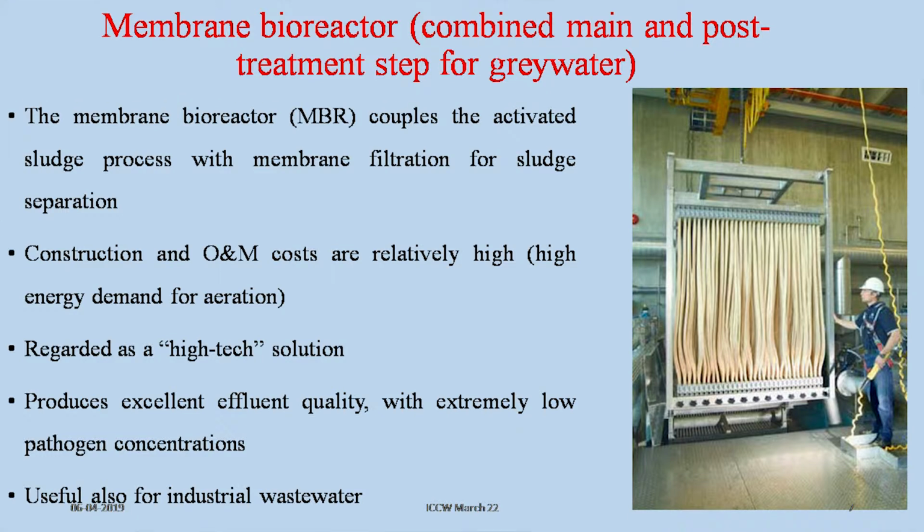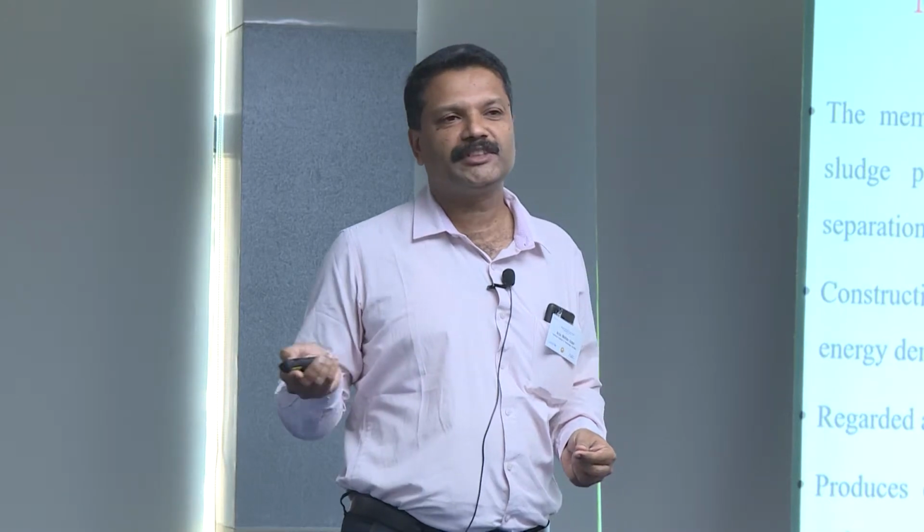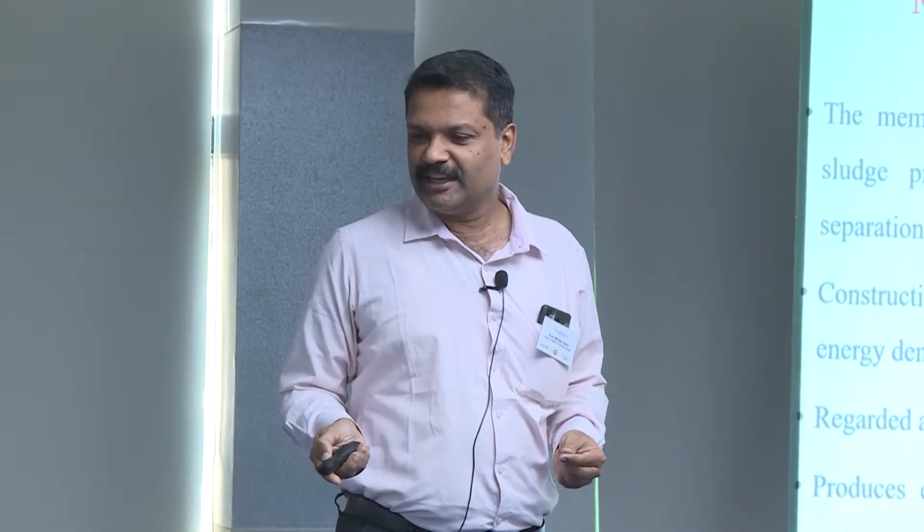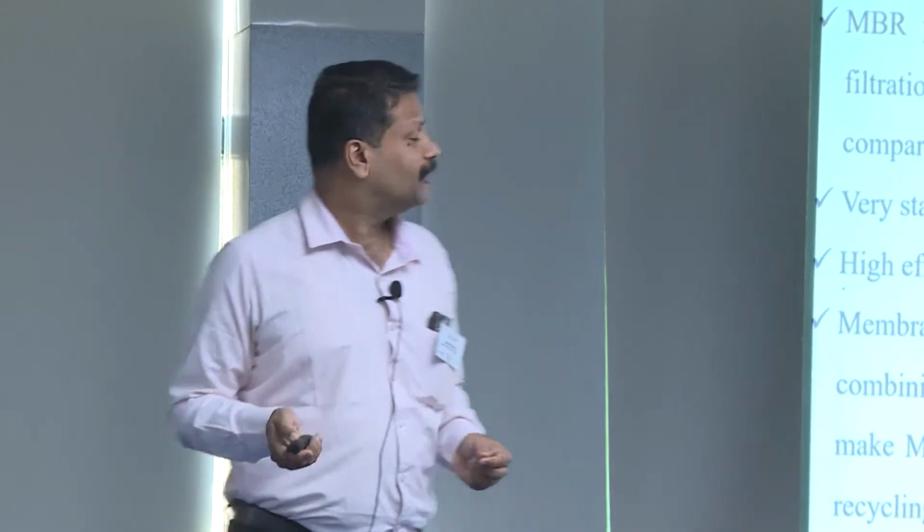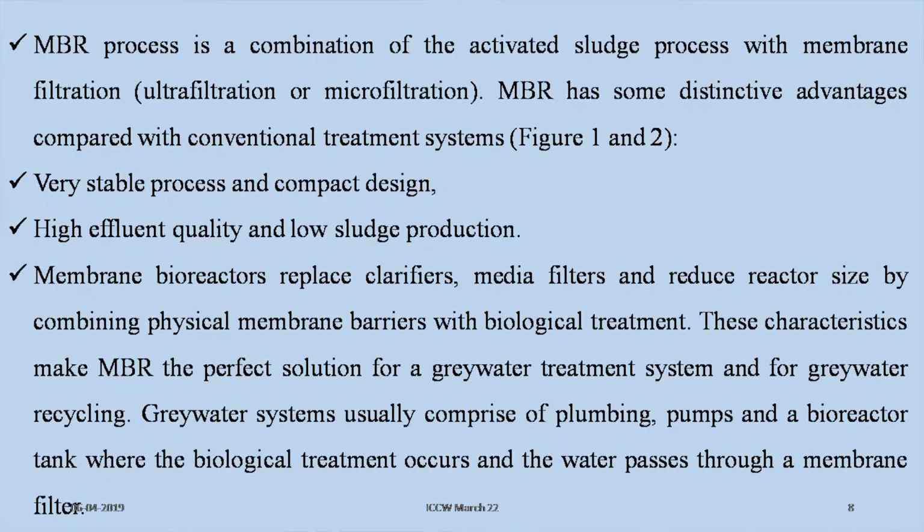The successful MBR was developed sometime during the 90s, and there are already some commercial units which have come up using this membrane bioreactor for the effective treatment of grey water.